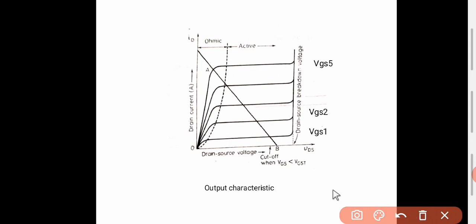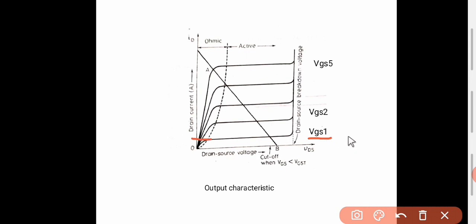Now the output characteristics. To draw the output characteristics, we connect the MOSFET in the same manner as explained before. If we apply some voltage VGS1 between gate and source, this amount of drain current will flow.